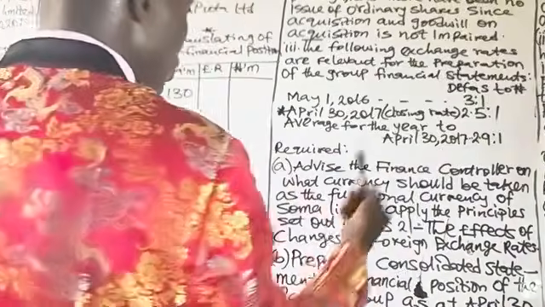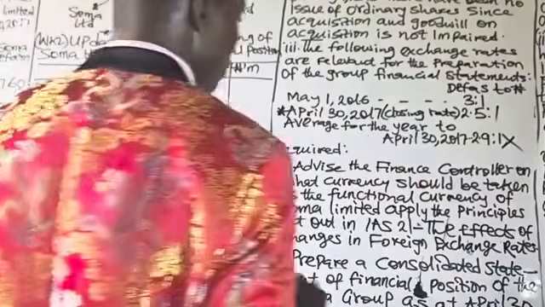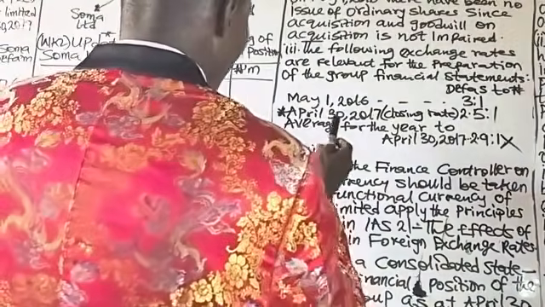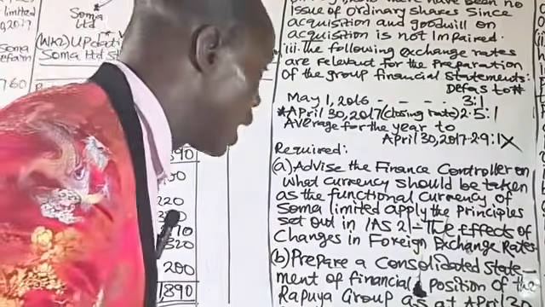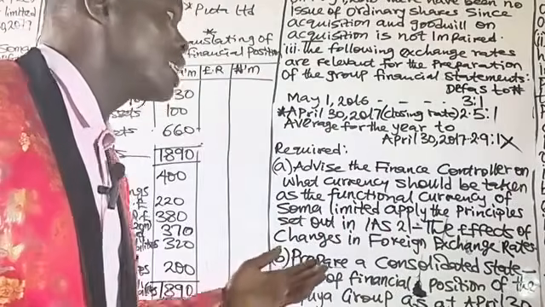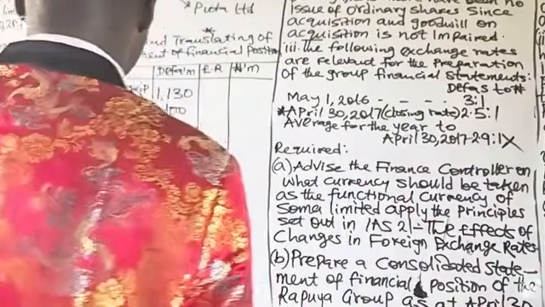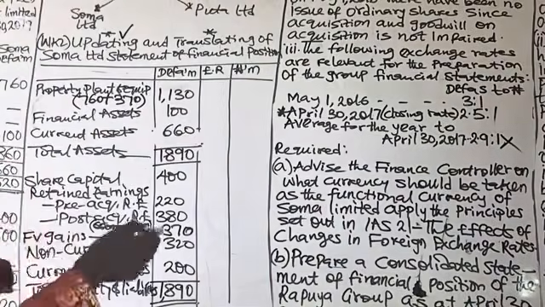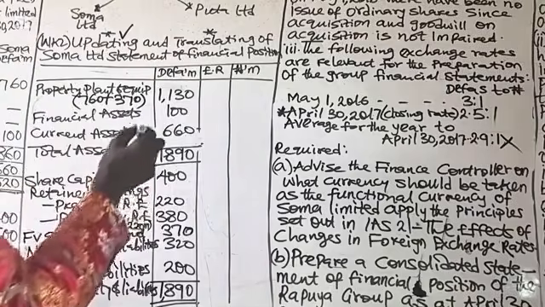But for the purpose of the consolidated statement of financial position, this one will not be relevant. So, do we need the closing exchange rate? We said all assets and liabilities should be translated at the closing exchange rate. So we are going to translate our assets and our liabilities using the rate of exchange of 2.5.